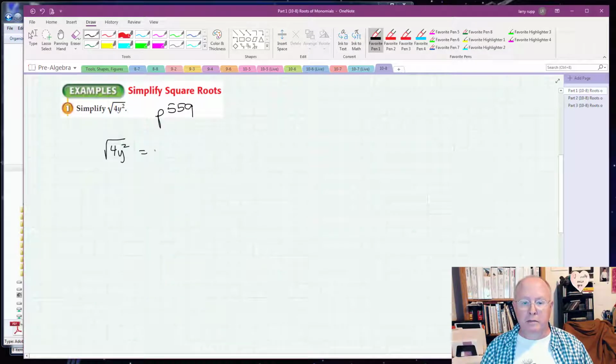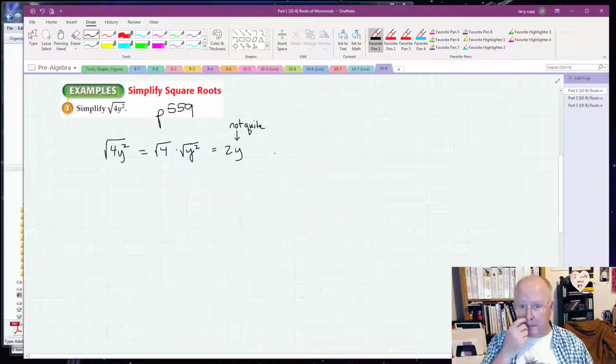We break this up: the square root of 4 times the square root of y squared. The square root of 4 is 2. The square root of y squared is y, right? Not quite.